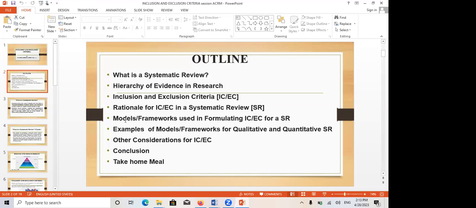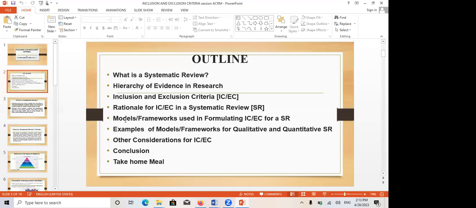Why is it imperative for us to have an inclusion and exclusion criteria in a systematic review? Then I'm going to talk about the models or the frameworks that are used in formulating an inclusion and exclusion criteria for a systematic review. I'll also talk about examples of the models and frameworks used in either a qualitative or a quantitative systematic review.